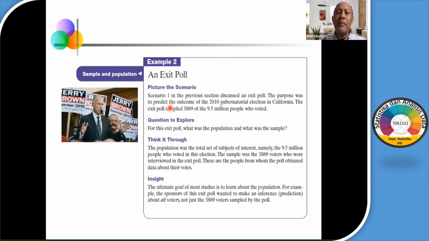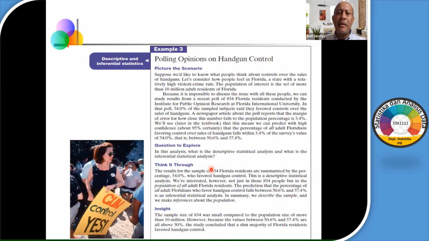You remember in the presidential election, some survey method used by people, for example, to calculate based on exit poll, polling opinion, and so on. This is just description. How many percent, for example, in the elections, choose President A, President B, and so on.